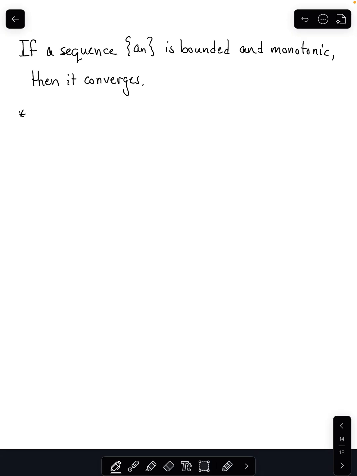The idea here is that a non-decreasing sequence means that each term of the sequence is bigger or at least no smaller than all the terms before it. Now, the definition of bounded means that there is some value at the bottom such that all of the terms of the sequence are bigger than it.